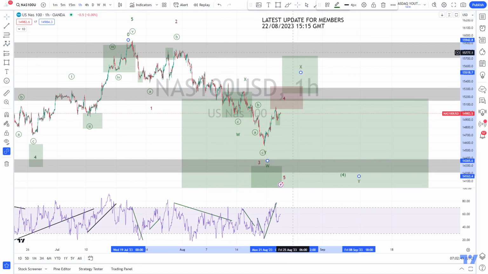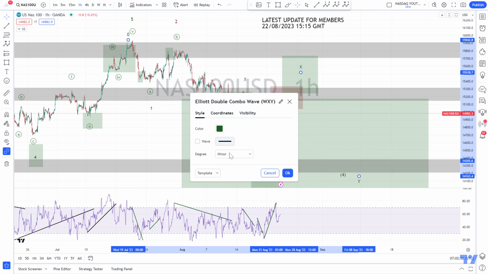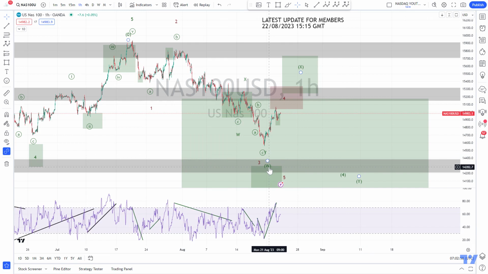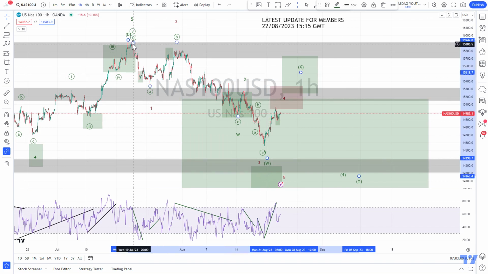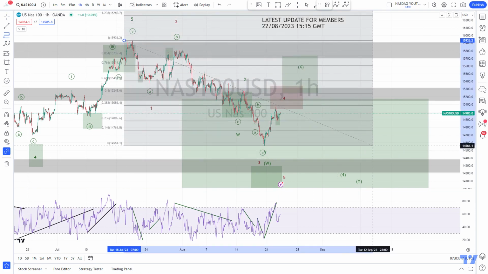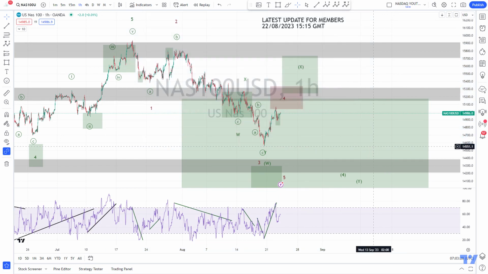This would mean something like this here, in a higher degree. So this WXY is part of this wave W, and now we need a wave X to the upside. Our target area for this wave X would be the area here between the 0.5 and the 0.854 FIB retracements. So that is where our wave X should go.